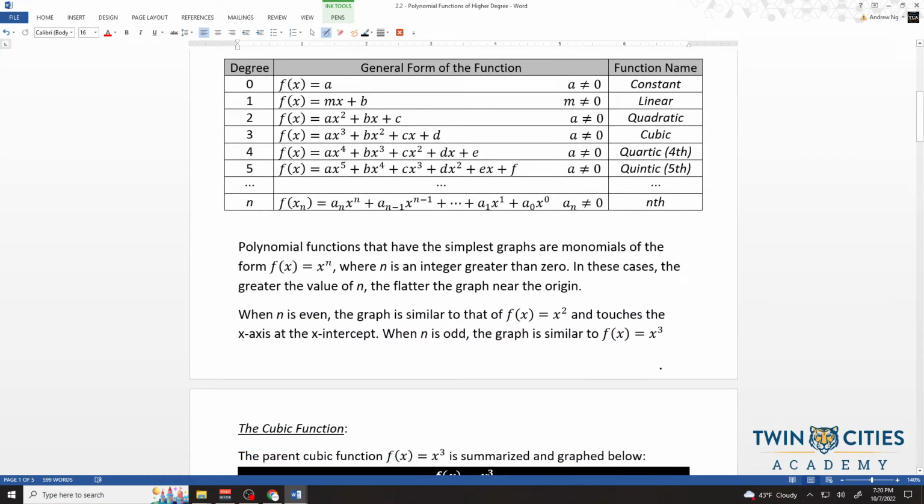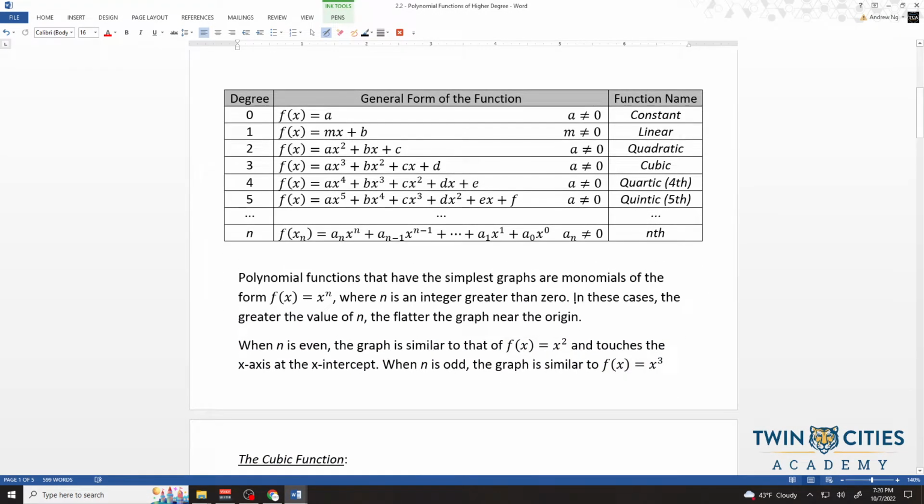Well, polynomial functions that have the simplest graphs are monomials of the form f of x equals x to the n. So they don't have to be as long as this, but this, of course, is just the general form. This is where n is an integer greater than 0. And in these cases, the greater the value of n, the flatter the graph near the origin.